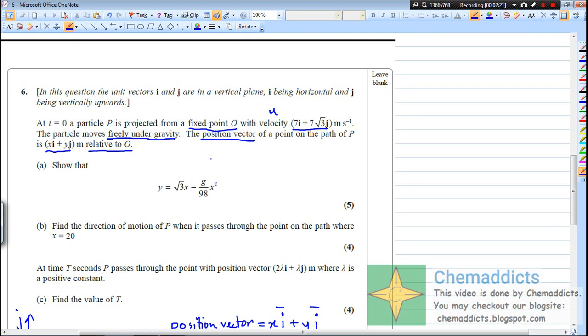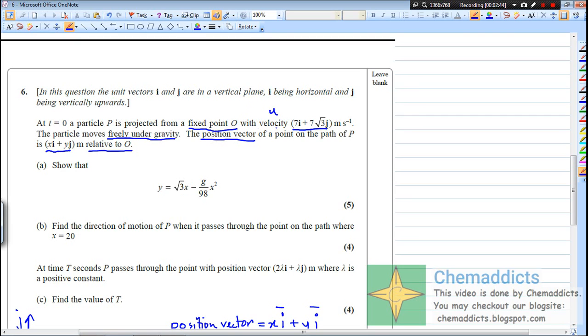Okay. So here, since the components are given directly, we don't need to find the components using sine theta and cos theta, just as we used to do before.